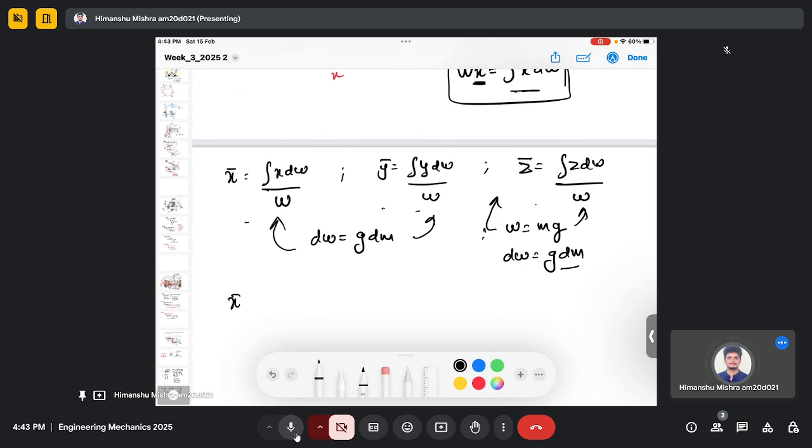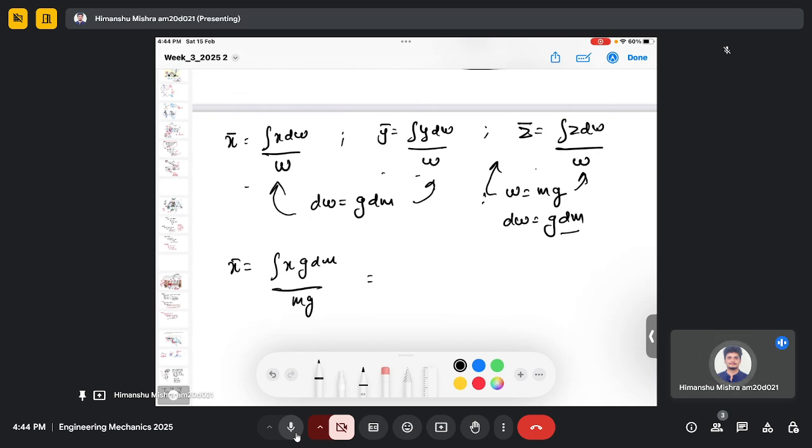So if you put this in the above equation, you will get x bar equals the integral of x g dm divided by mg. Here we approximate that g is uniform, there is no variation of g. G is the same everywhere, so we can keep g out of the integral, so it will be g times the integral of x dm, divided by mg.